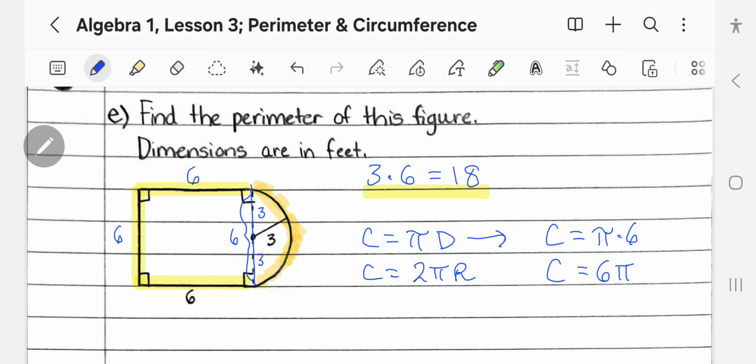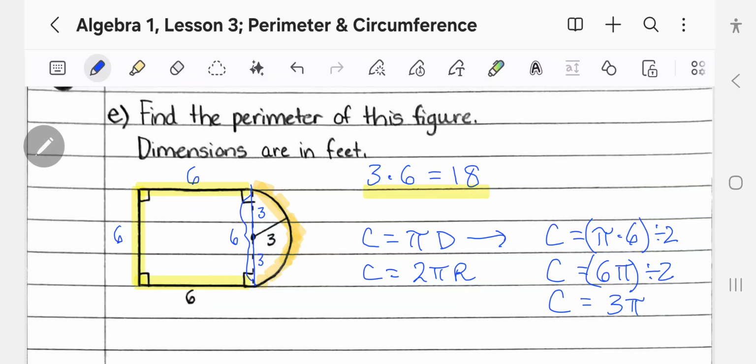Well, actually that's for the whole thing, right? And we only want half of it, so we're going to take half of that. I'm going to have to divide that by 2 because it's half of a circle. And then we could say that's just 3 pi.